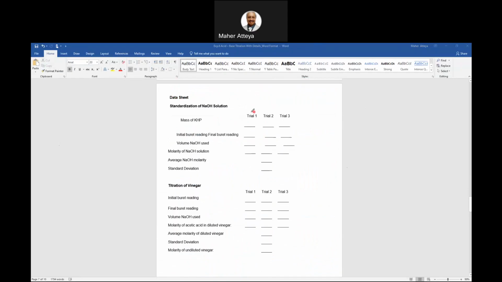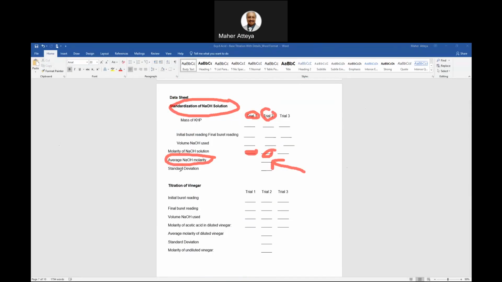You have to do trial 1 and trial 2 first with the potassium hydrogen phthalate. So you come here, you get the molarity 1 and 2, divided by 2 to take the average. You put the average of the 2 molarities of sodium hydroxide here.